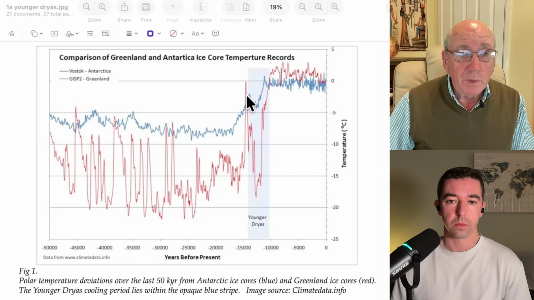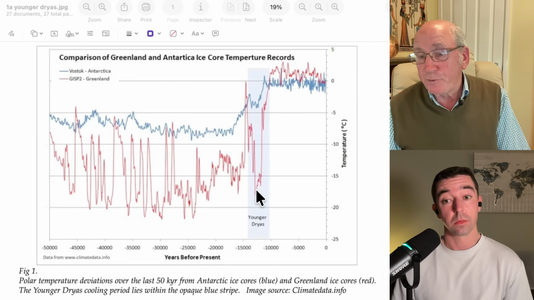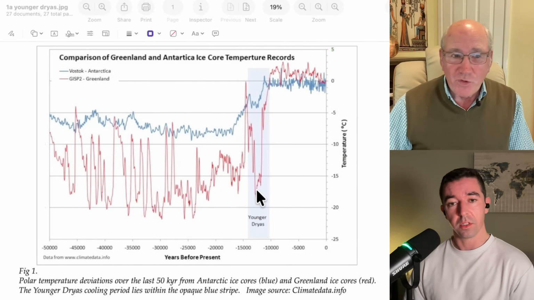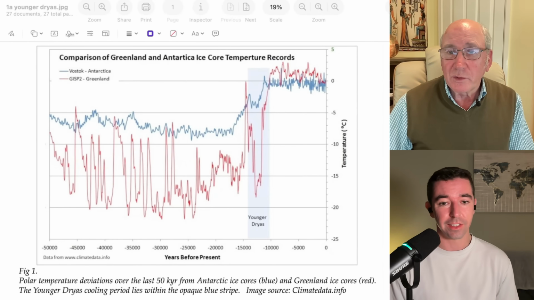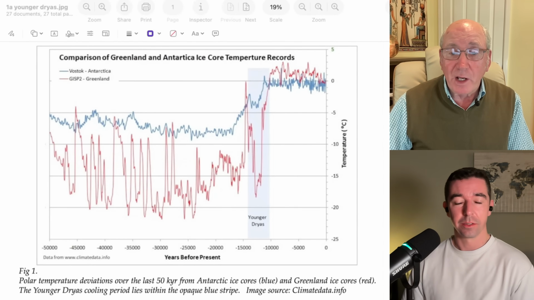We went down from almost 0 to -15, so it was a 15-degree drop in temperature. Yeah, extraordinary. It was in a very short period of time. Very, very sudden and very strong cooling, if you can put it in those terms.